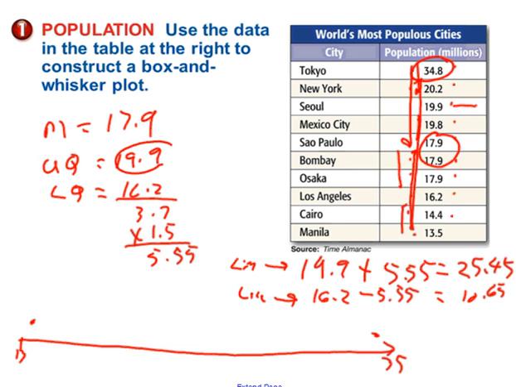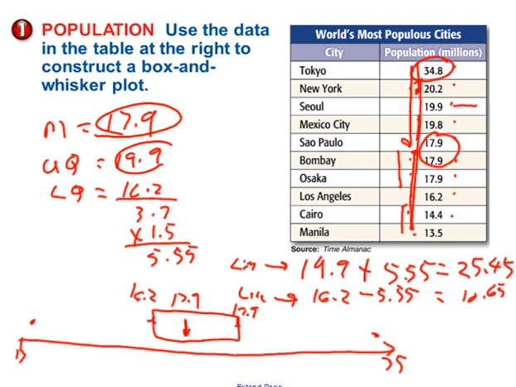Then I'm going to plot the middle value, or 17.9. 17.9 would be about right here. The lower quartile would drop down to 16.2, and the upper quartile limit would be 19.9. So I draw a box that includes those values.